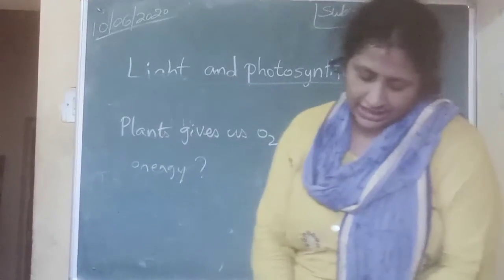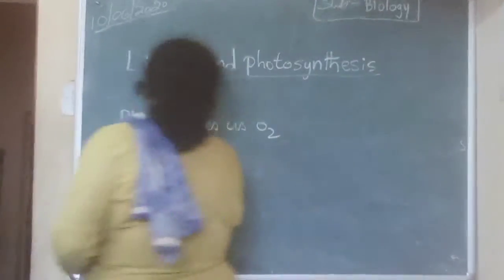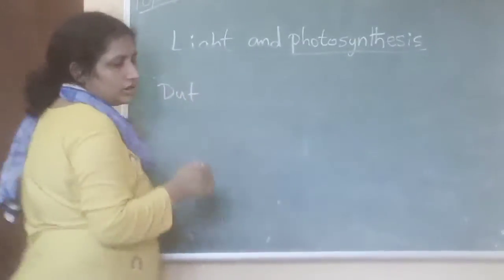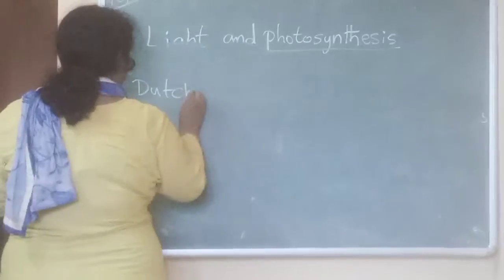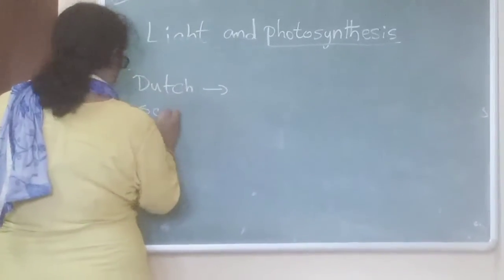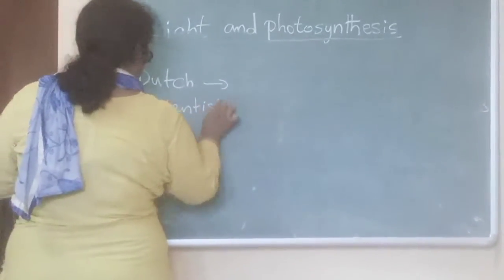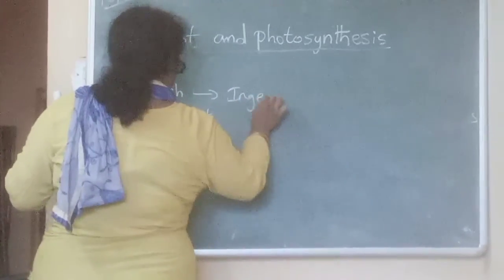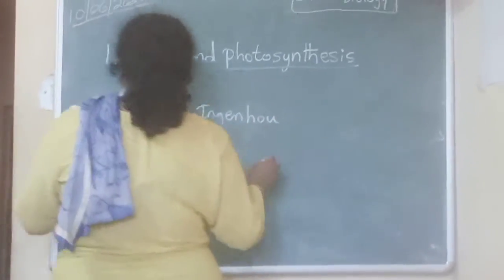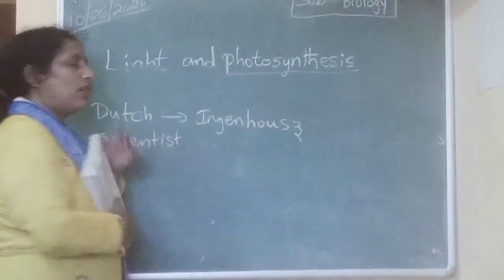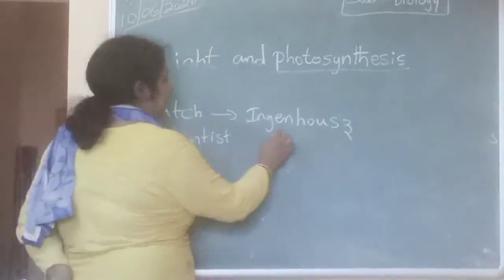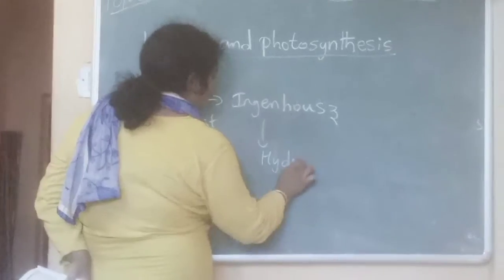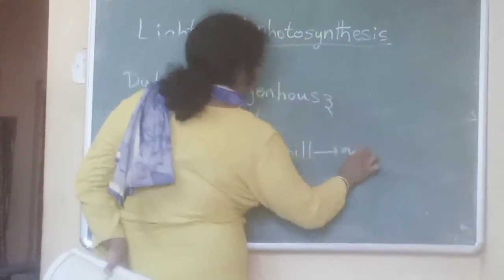A Dutch scientist called Ingenhousz worked on an aquatic plant called Hydrilla. All of you know that Hydrilla is an aquatic plant.